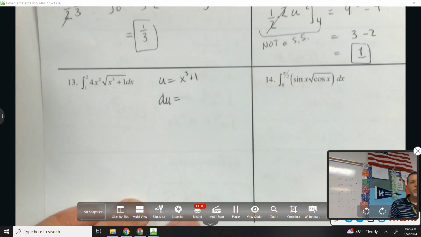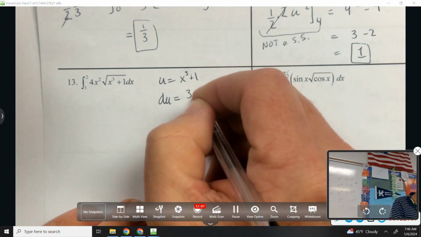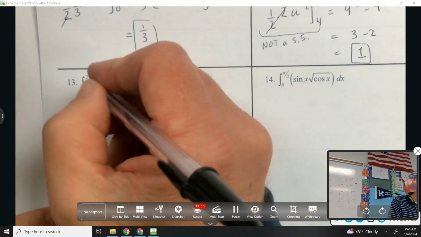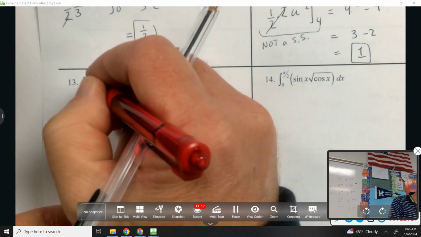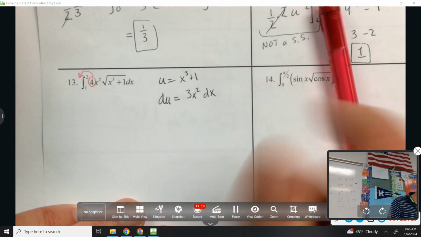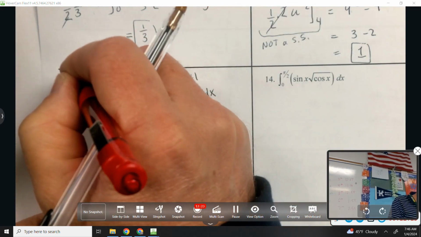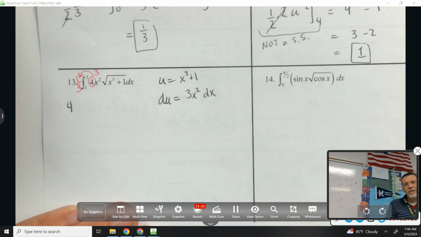So we'll let u be x cubed plus 1. Du then is 3x squared dx, which, it's a 4 there instead. So remember we had this happen yesterday. Just stick the 4 out front and put a 3 on there instead, which means you need a 1/3 out front.